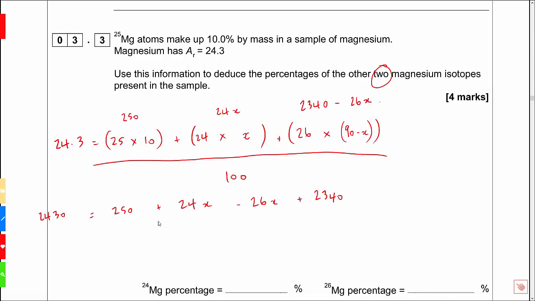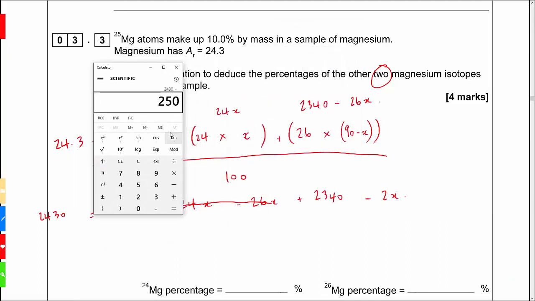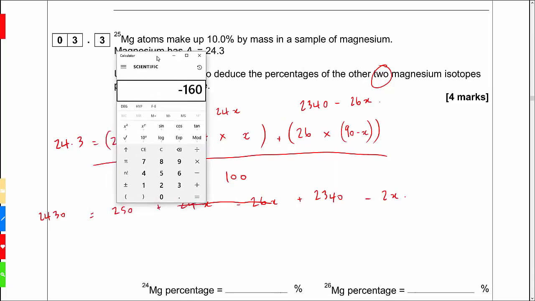So we can see here, straight away, this is going to cancel, and we're going to end up with minus 2x on there. Now we'll get these numbers taken away here, and that minus 2x isn't going to be a problem because we're going to say 2430 minus 250, that's the number that's just under there, and then we're going to minus away from that 2340, and that's going to give us minus 160.